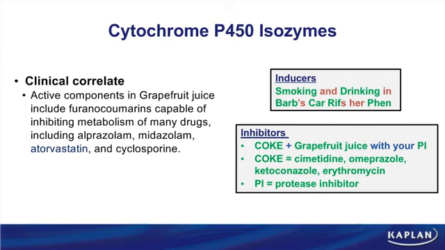Ketoconazole is a possibility to show up on your exam as an inhibitor, though its use has really significantly declined in recent years. And erythromycin, one of our very important macrolides, certainly could show up on the test as well. If I had to pick 2 out of that list, cimetidine and erythromycin, watch out for those 2 on the exam.